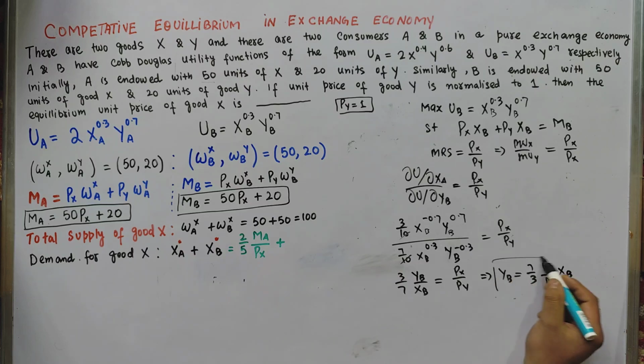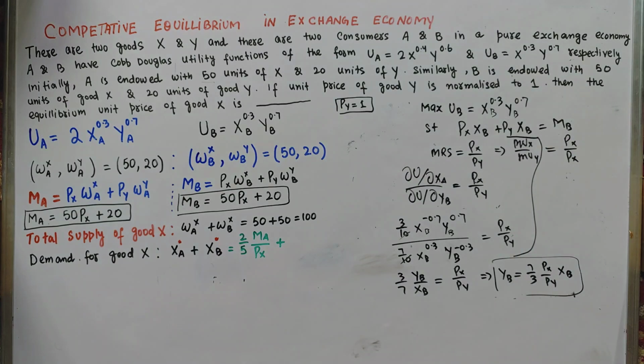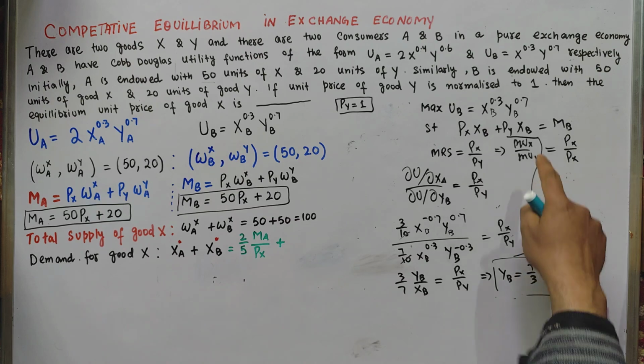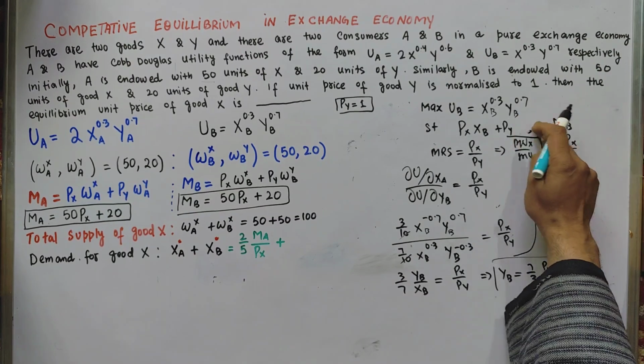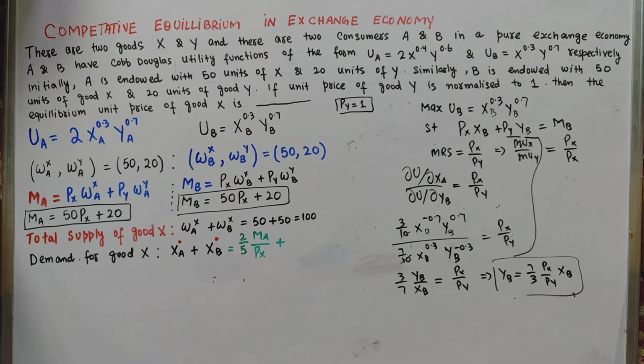Now we plug the value of Yb here. Sorry, here it is Y. Sorry for this mistake again, it is Yb. So doing this, what will we get? Price of x into x plus price of y into Yb is equal to the income of the consumer B. So Yb is equal to 7 upon 3 price of x upon price of y into Xb.